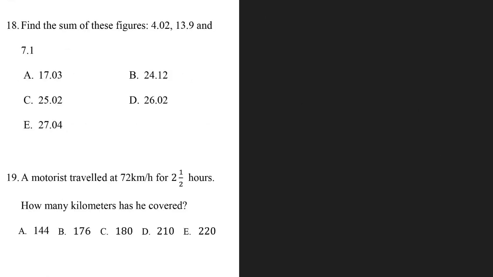Question 18 says find the sum of these figures. We have 4.02, 13.9 and 7.1. So let's arrange them. Arranging them is very important, and we're going to arrange it in such a way that the points will be aligned, that is, they will be on a straight line.